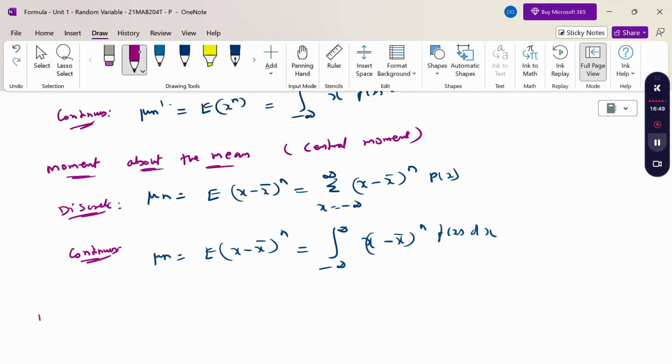So the relationship between moments about the origin and moments about the mean.